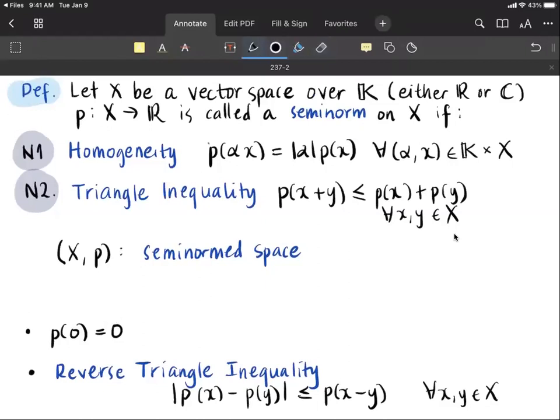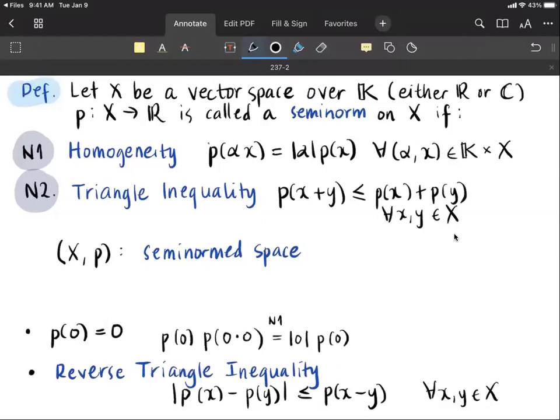Well, to say this, we just need to write the vector as the scalar 0 times the zero vector in X. And then if you apply homogeneity, that's N1, you pull out the absolute value of the scalar 0 and then evaluate 0.